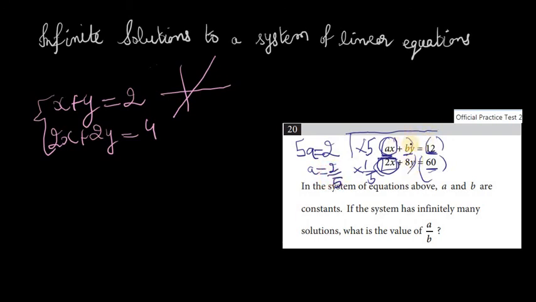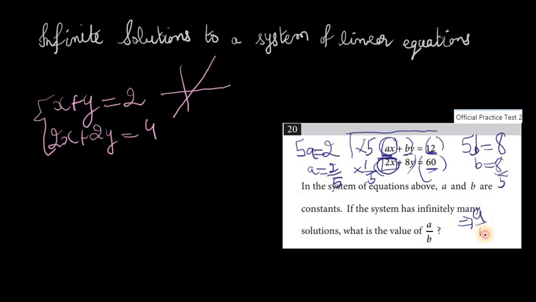Similarly, for b, when I multiply 5 times b, that is equal to 8, and so b would be 8 over 5. Now if I need to calculate a over b, or a divided by b, I can easily do that, because I know what a and b are.